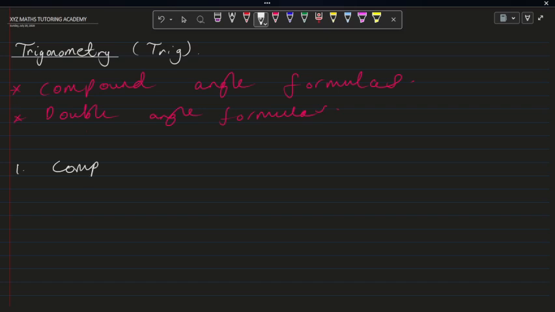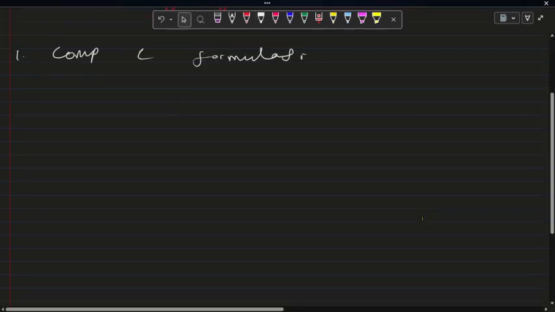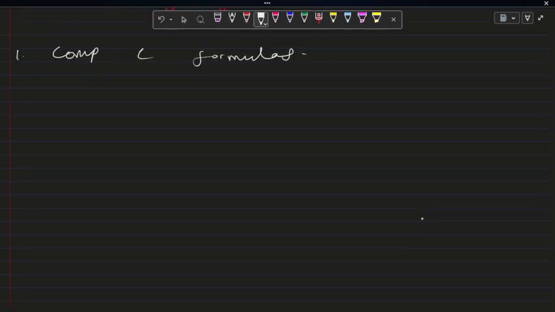Compound angle formulas. So we have a situation like this. Let's say we have sine of angle A plus angle B. So this situation is what we call a compound angle.